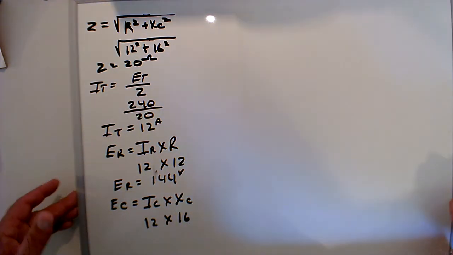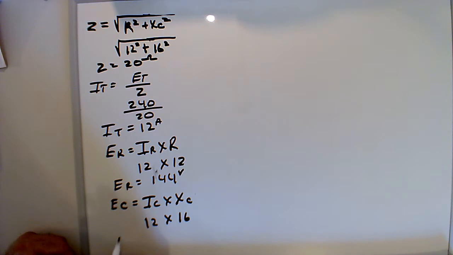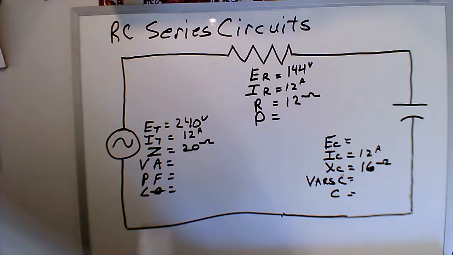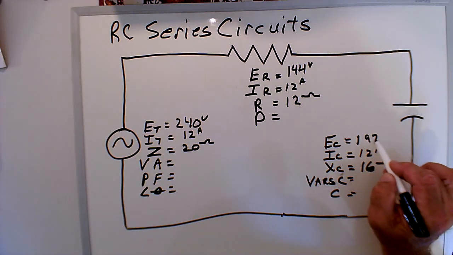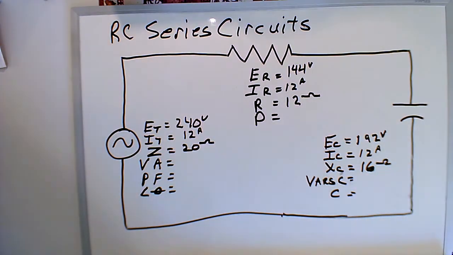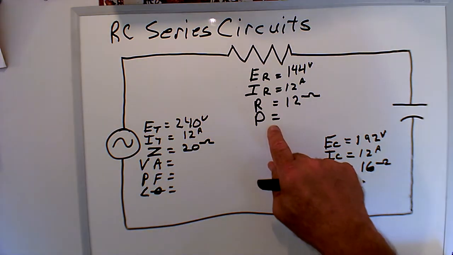And 12 times 16, EC in this case equals 192 volts. So I can write that in here, 192 volts. Great.